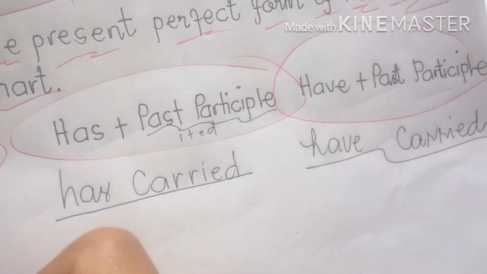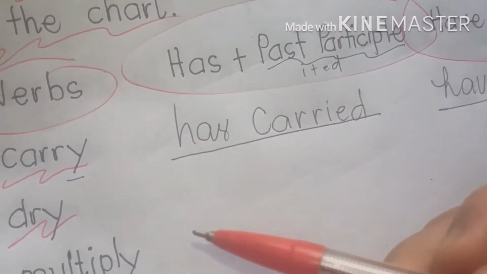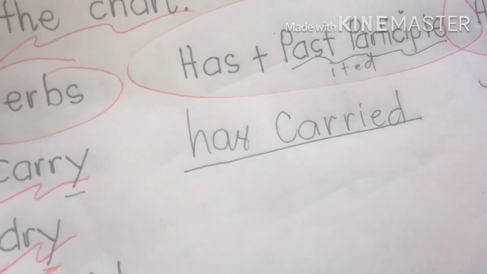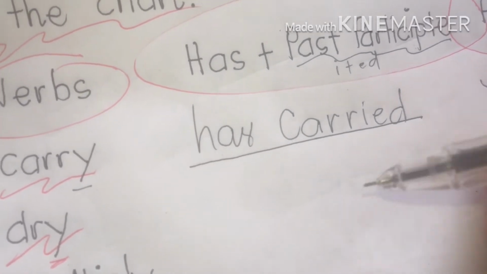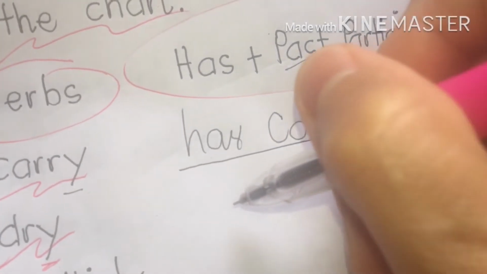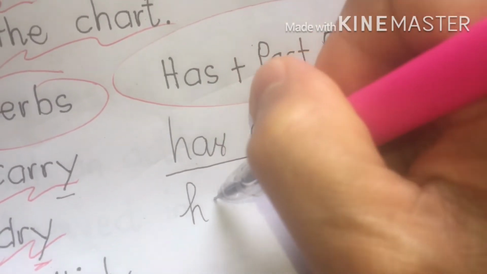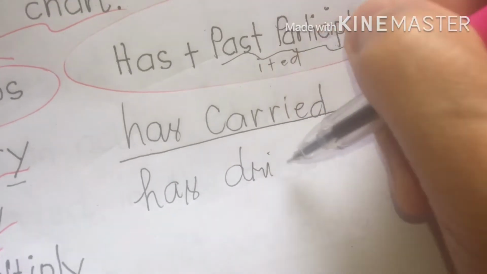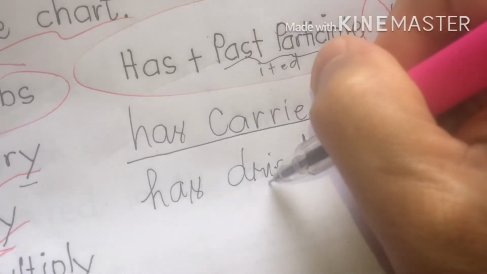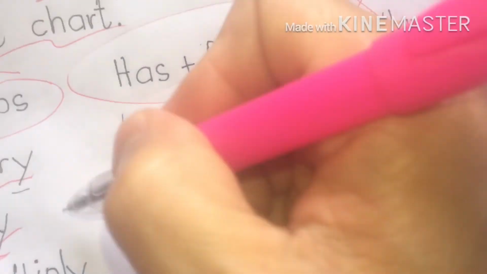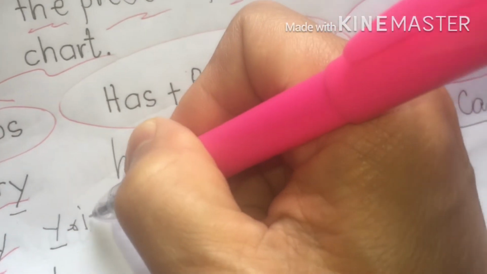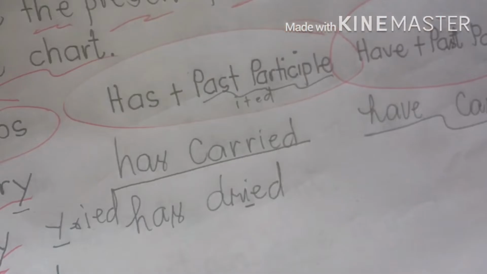Next, number two, we have dry. Since our verb ends in y, we are going to change y and add ed. So dry becomes has dried. So y means change y to I and add ed.